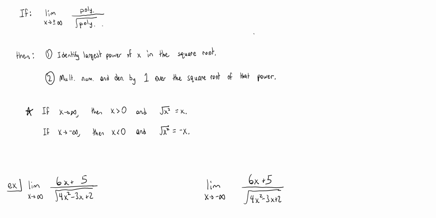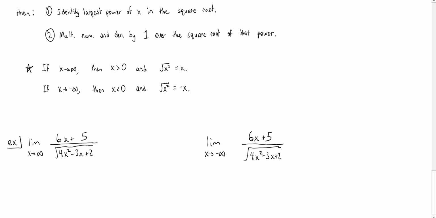What we're going to do is start by identifying the largest power of x in the square root. And whatever that power of x is, we're going to multiply the numerator and denominator by 1 over the square root of that power. So we'll see that in action when we do the examples below.